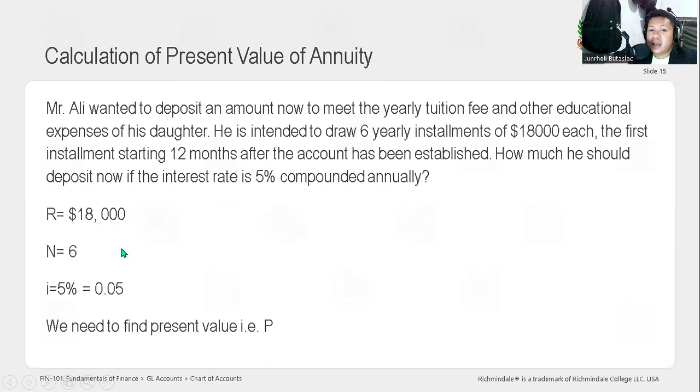Then our I here is 5%, which is equal to 0.05. If you're asking why it is 0.05, it's because we have to divide it by 100 when we solve for percentage. So we need to find the present value, the P.